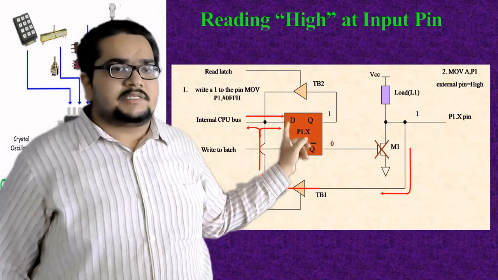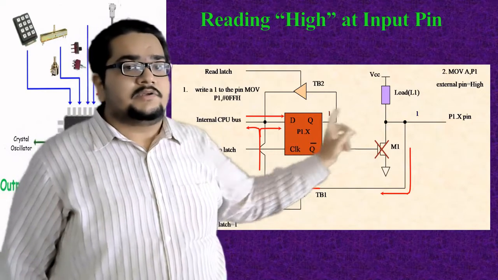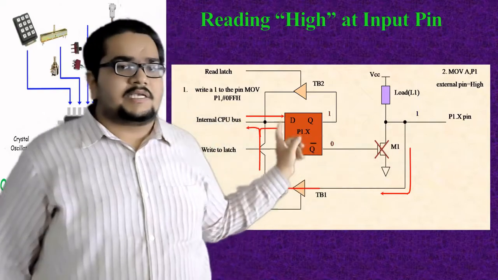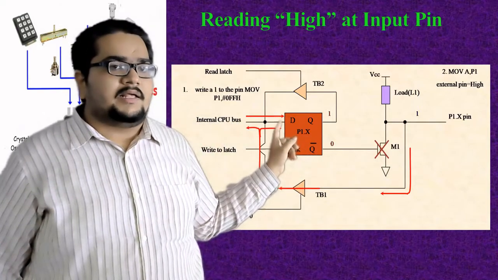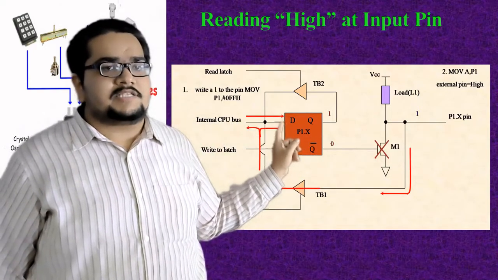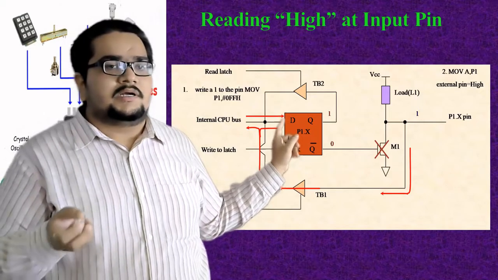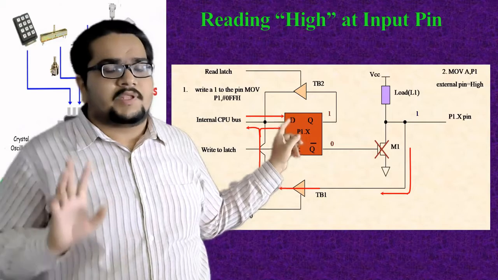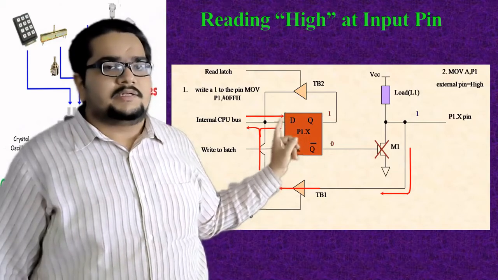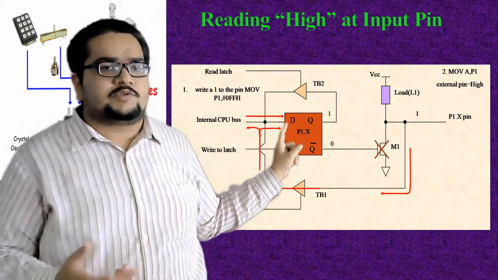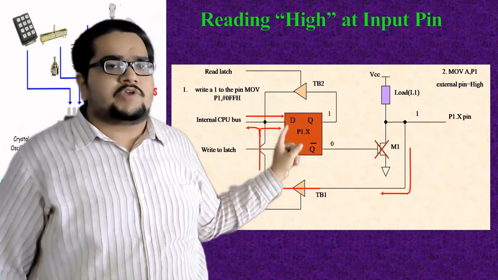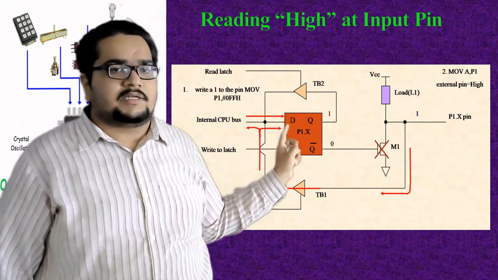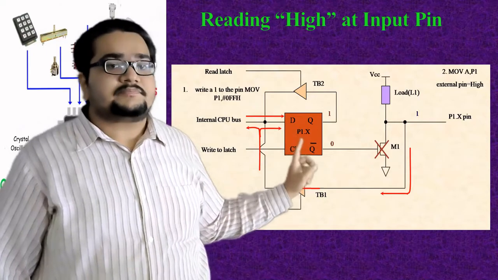So this latch this time is reading this particular logic 1, the latch has read 1. And it will be there in this latch till the processing unit of the 8051 takes the data inside the execution unit, or any of the registers also. From this latch it can move to any register also, that particular value of that input.